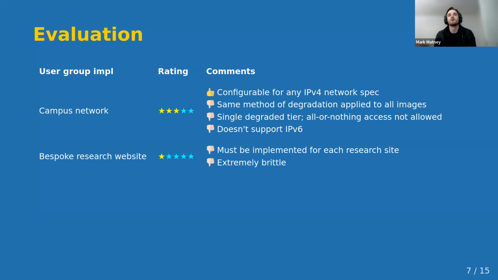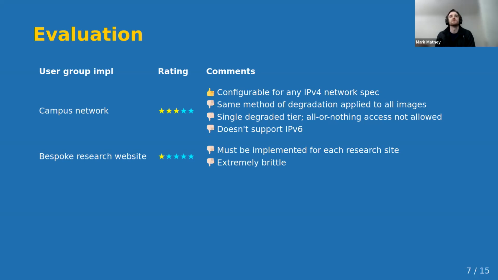And the drawbacks, unfortunately, are that number one, it doesn't support IPv6. I guess that's fairly minor, depending on your point of view. We didn't have any problem with that ourselves, but going forward in the future, it's an important development.